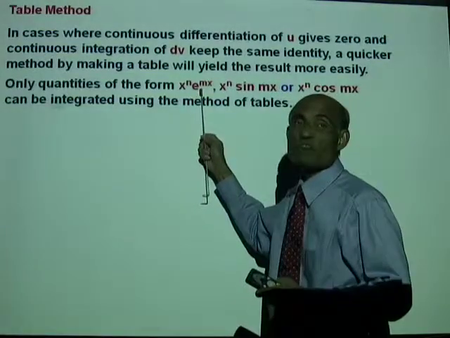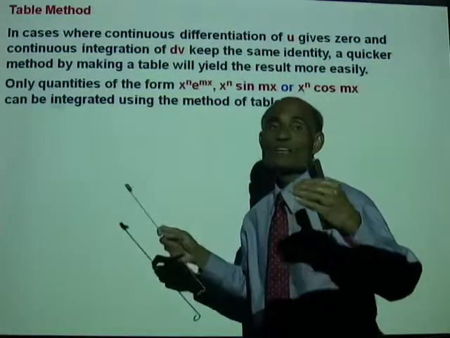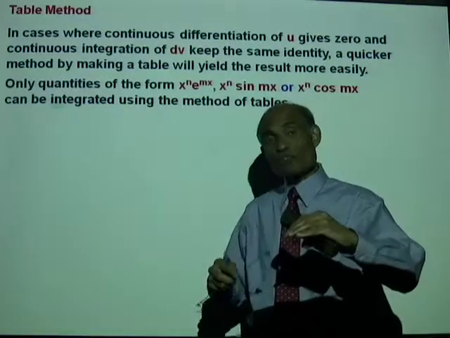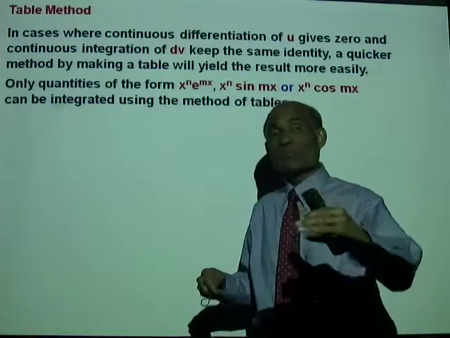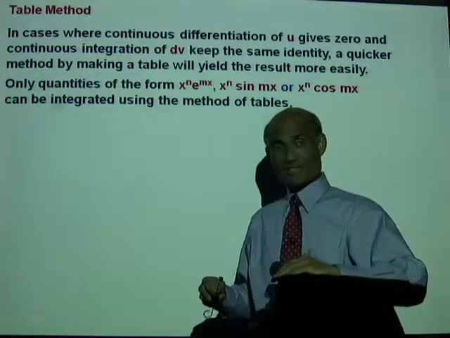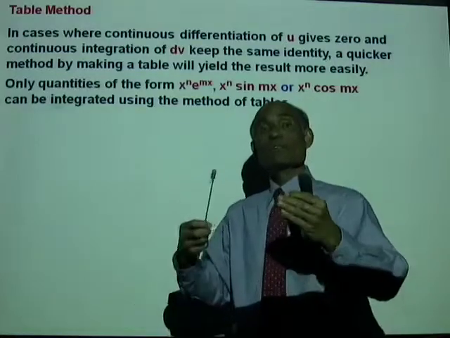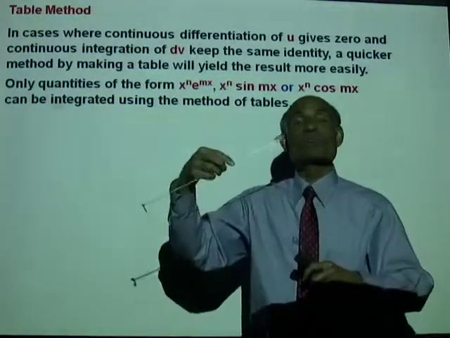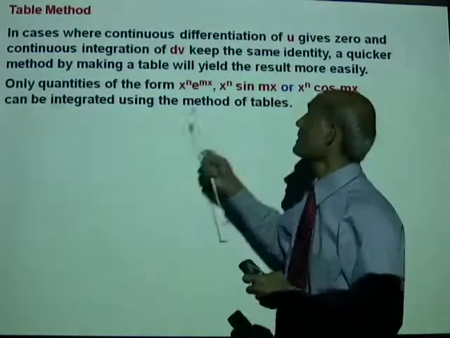The integral of e to the power of mx is e to the power of mx over m. You integrate that again, you get e to the power of mx over m squared. If you integrate it again, you get e to the power of mx over m cubed. You can see you'll keep getting back the same form.